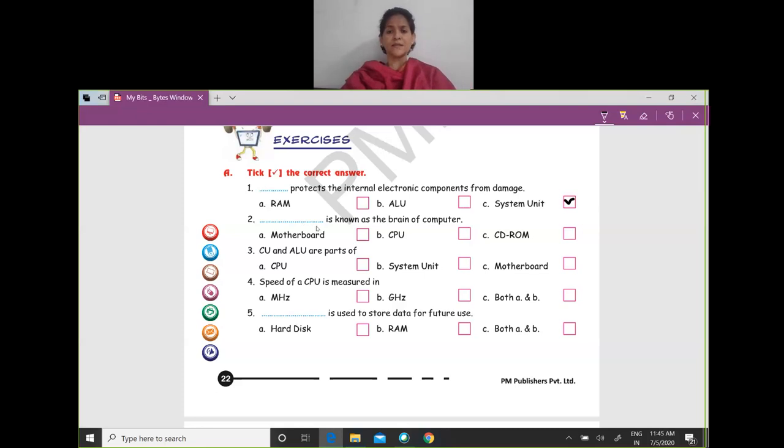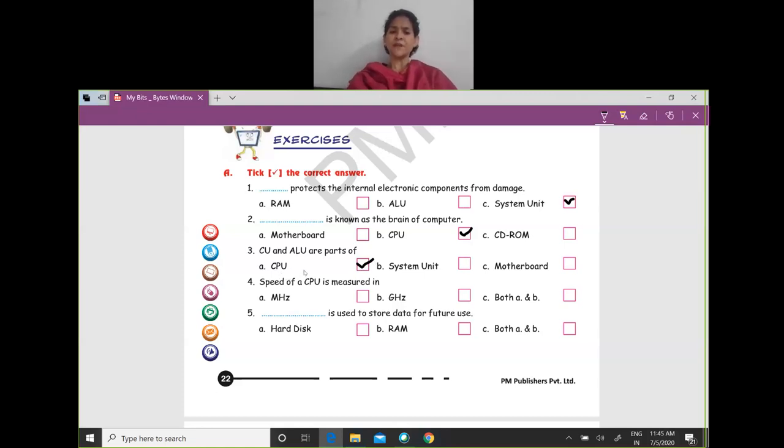Dash is known as the brain of the computer. CPU is known as the brain of the computer. CU and ALU are parts of the CPU.